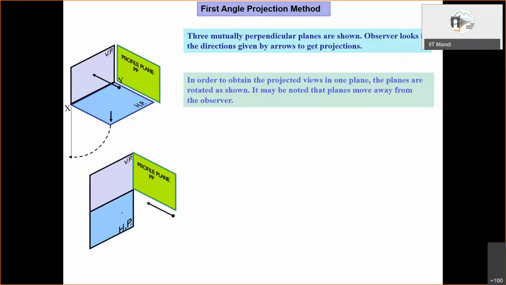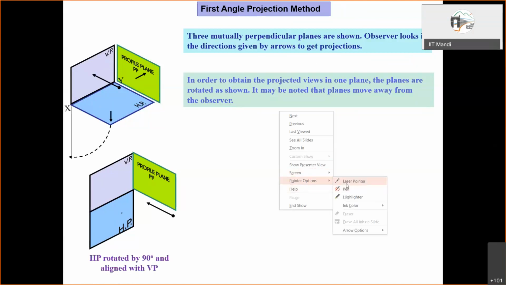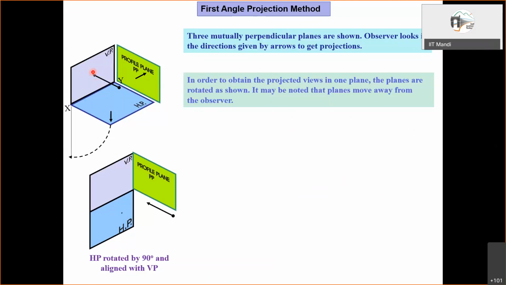So if this dot behind this arrow is assumed as the object, it is projected on the front vertical plane and the front view is obtained. It is projected on the horizontal plane, which is rotated and aligned with the vertical plane, so we obtain the top view in the same plane.